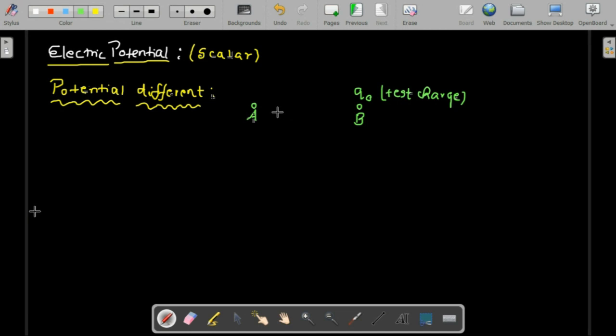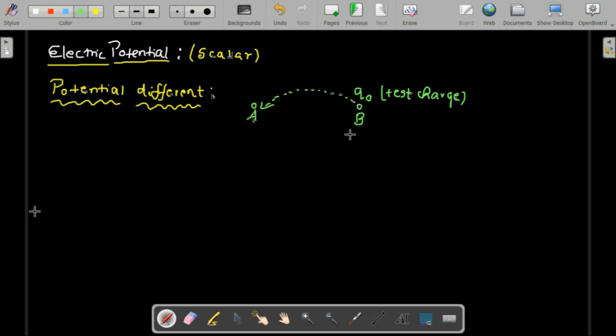Near this point A there might be another charge, but even if you don't consider that, if you want to take this charge from point B to point A, I have to do some work. So doing that work and connecting it with potential is very important to understand the concept. What we say here is the potential difference.